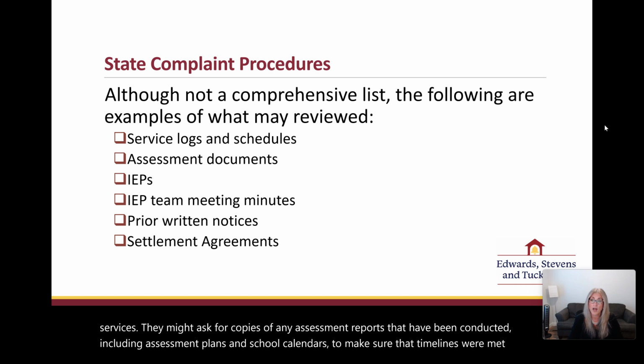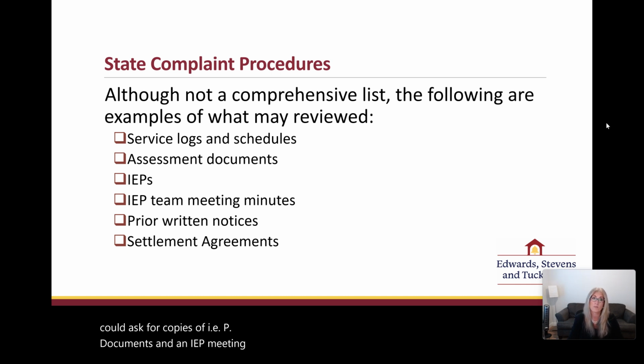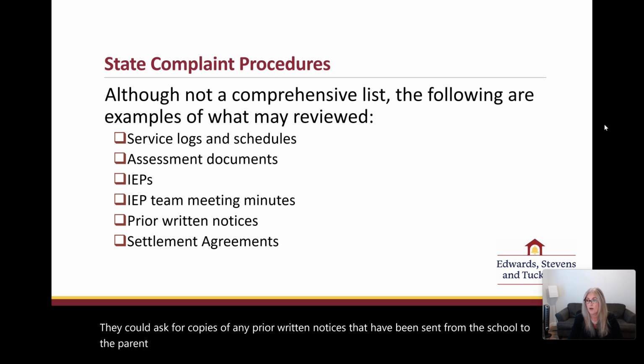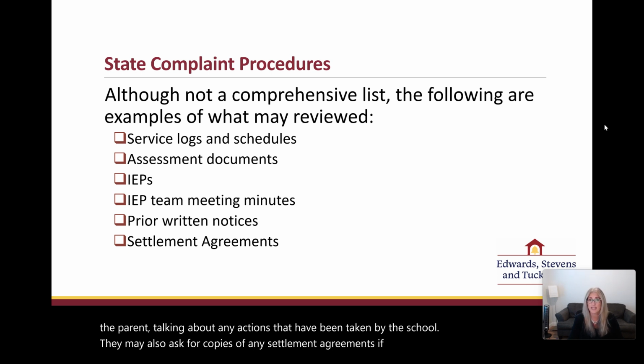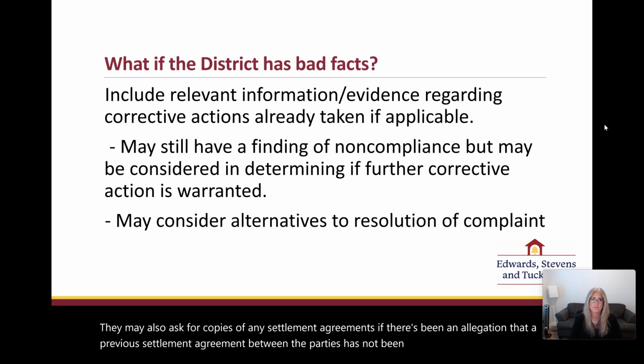They could ask for copies of IEP documents and IEP meeting notices or meeting minutes and notes of those IEP meetings. They could ask for copies of any prior written notices that have been sent from the school to the parent, talking about any actions that have been taken by the school. They may also ask for copies of any settlement agreements if there's been an allegation that a previous settlement agreement between the parties has not been complied with.